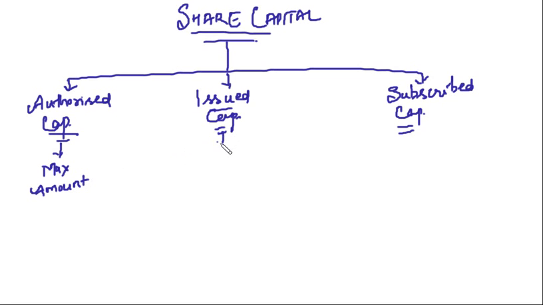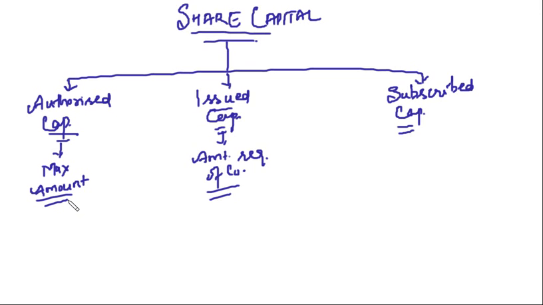Then what is issued capital? Issued capital is the amount that the company wants to raise through the issue of shares, according to the requirement of the company. The company might say that right now we have this much requirement, so we will issue this many shares right now.